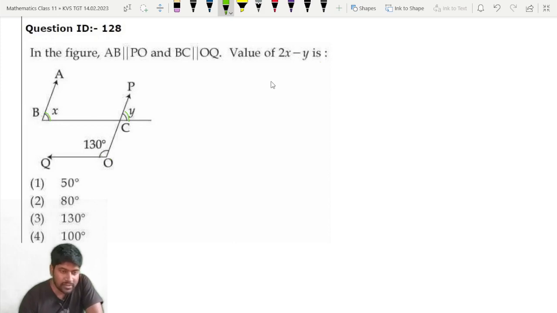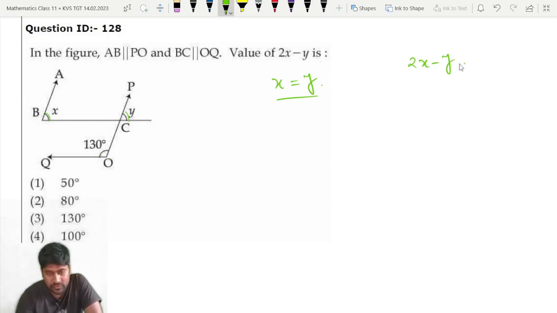So x will be equal to y. This is our first condition. Now we have to find the value of 2x minus y. So in place of x I can put y. So 2y minus y, that value we have to find. That is equal to nothing but y. Okay. So 2y minus y is equal to y.